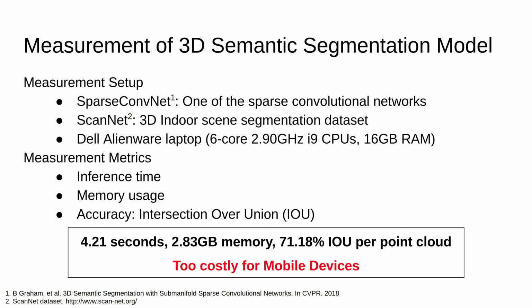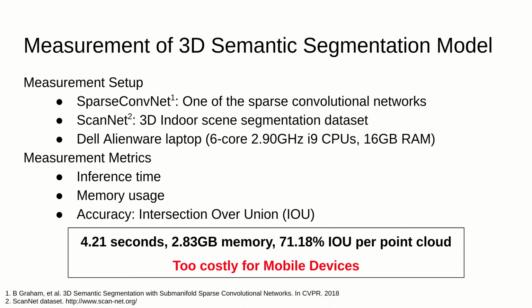In order to know whether mobile devices can support 3D semantic segmentation, we conduct the following measurements. We adopt SparseConvNet, which is the state-of-the-art model of 3D semantic segmentation. SparseConvNet is a sparse convolutional network which is widely used for 3D tasks. We use the ScanNet indoor dataset for scene segmentation.